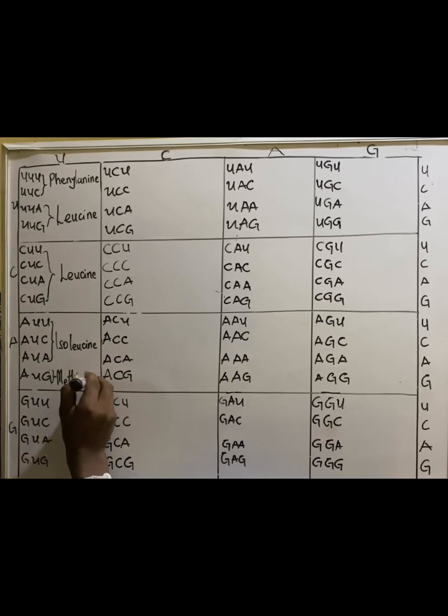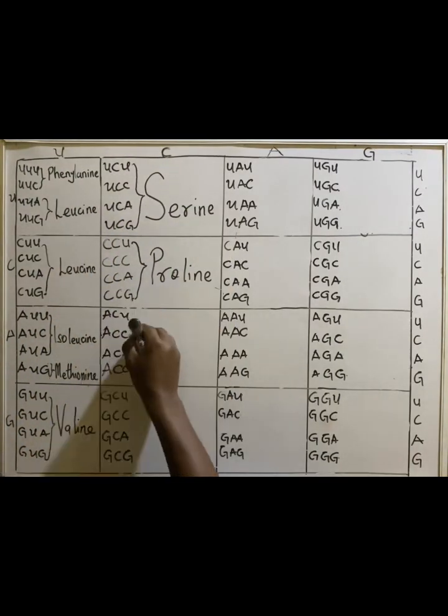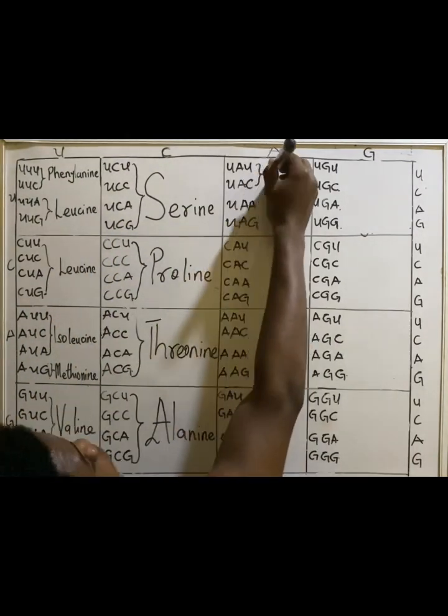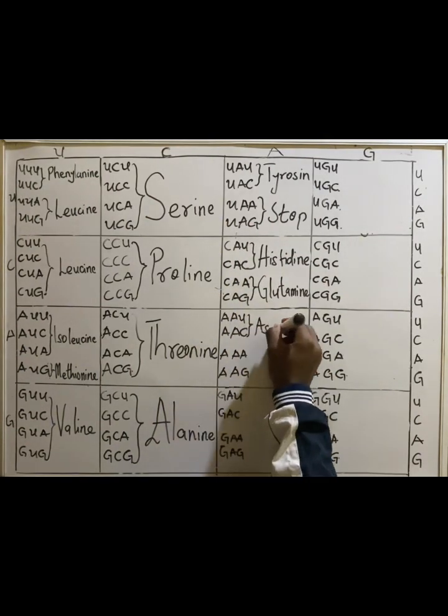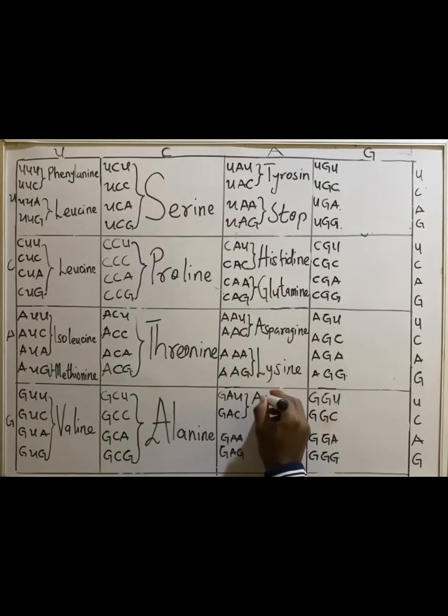Then on the third row of the first column, the first three will take isoleucine. The last one is methionine, and that methionine is the start codon, which makes the ribosome bind with the messenger RNA. Then the last bus of the first column, we have valine, which takes the whole bus.